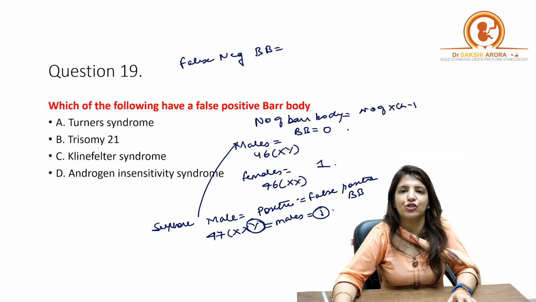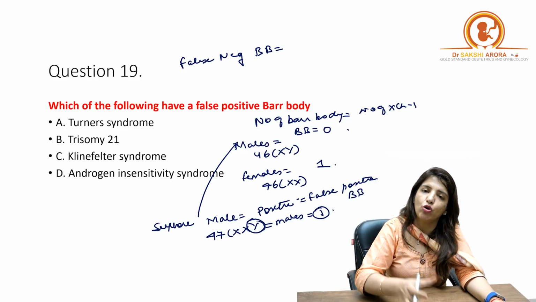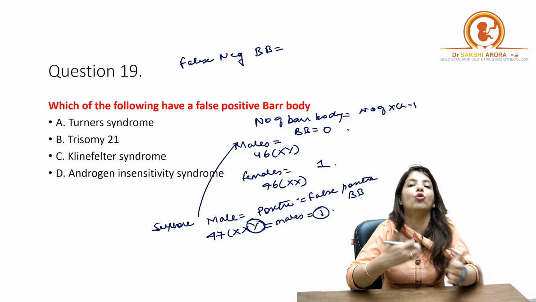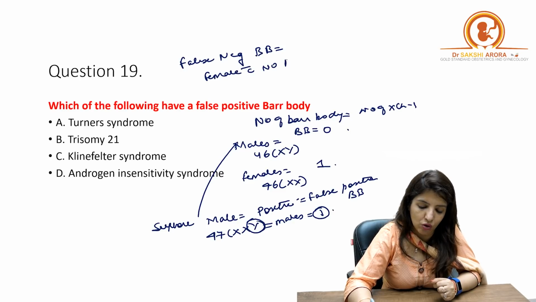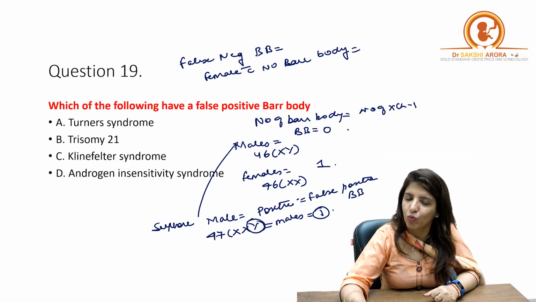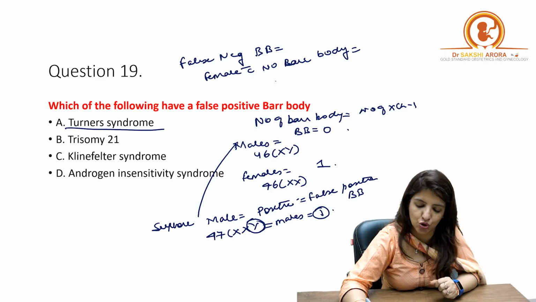Similarly, if they ask you false negative bar body, false negative means that normally negative should be a male. But suppose there is a female in whom there is no bar body, right? So false negative means a female with no bar body. And what is the example of such a female? Turner's syndrome.